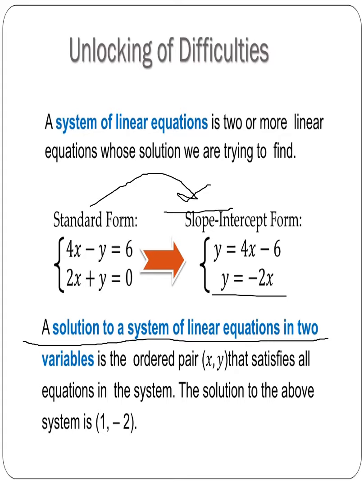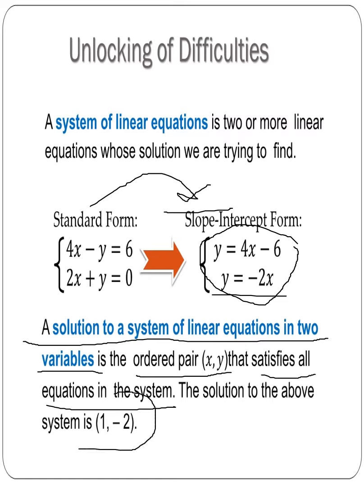Now, a solution to a system of linear equations in two variables is an ordered pair (x, y) which satisfies all the given equations. If we solve this pair of equations, we will get (1, -2) as the ordered pair which satisfies both equations.